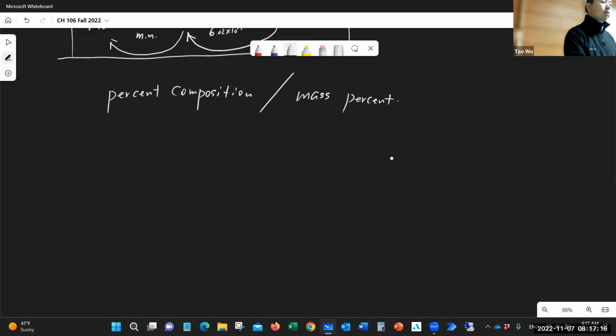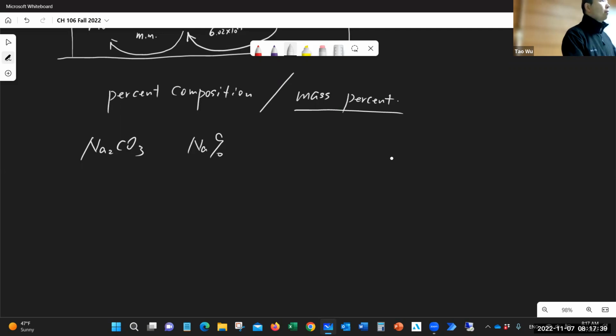Percent composition, mass percent, it just talks about single elements. Like if you have sodium carbonate, what is the mass percent of the sodium? Since we talk about mass, that means it's just the mass of the sodium divided by the total mass of the sodium carbonate.